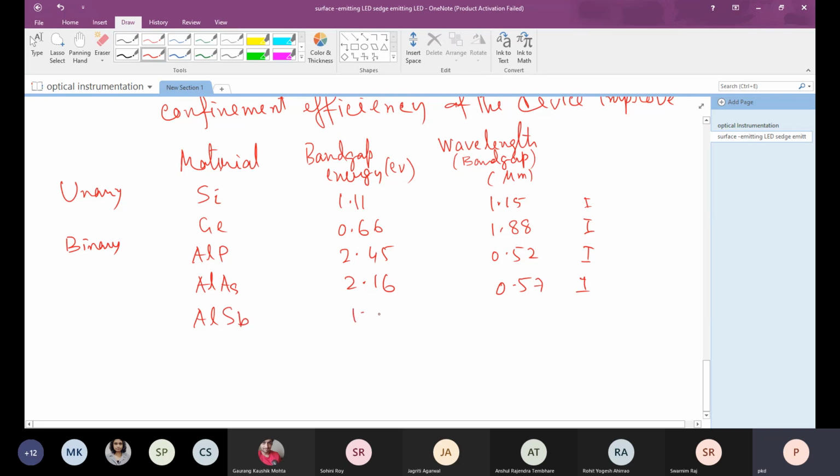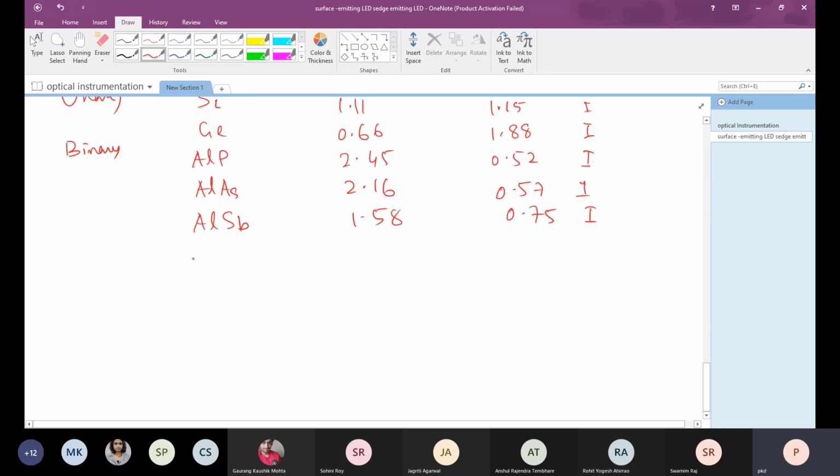AlSb is 1.58, 0.75, indirect band gap. Then we have gallium phosphide, which is also a popular material, 2.26, 0.55, indirect band gap.